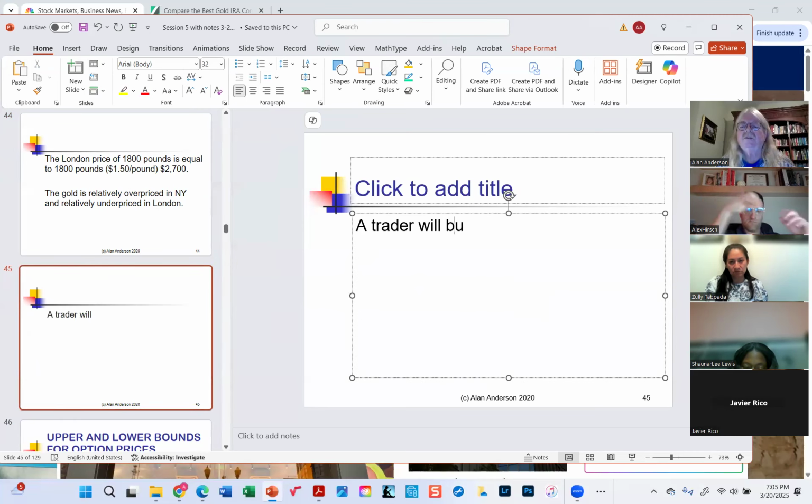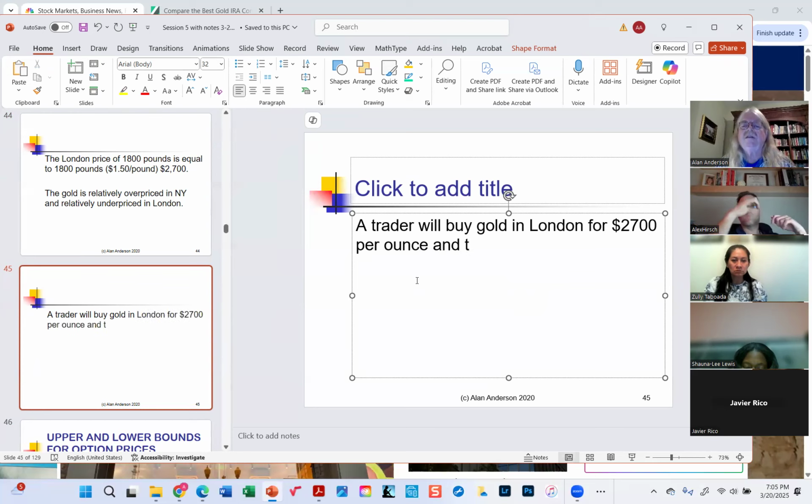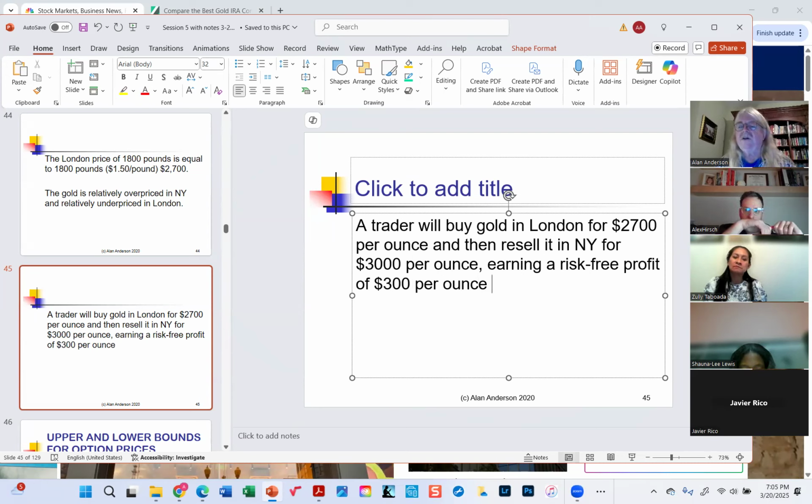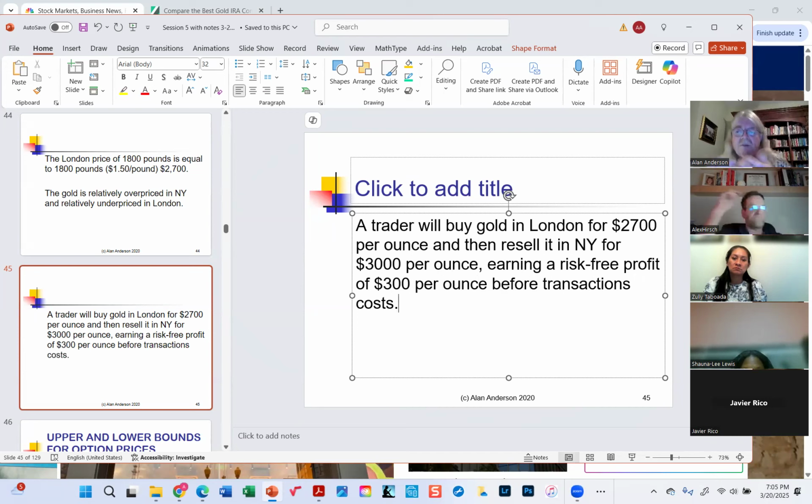Trader will buy gold in London for 2,700 per ounce, and then resell it in New York for $3,000 per ounce, earning a profit, a risk-free profit, that is, of 300 per ounce. Now there could be transactions costs. I'll call it before transactions costs. But still, it's a profit.